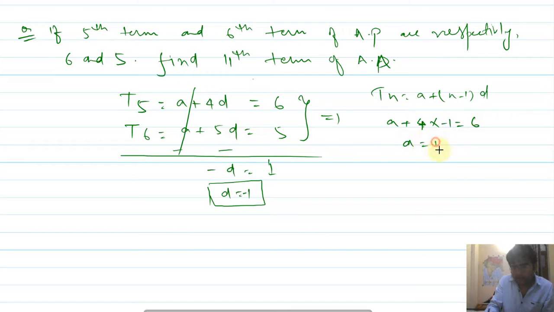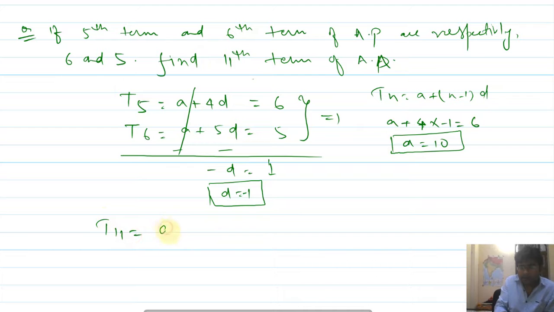So a becomes 10. Okay, so we need to find the 11th term, t11. So t11 is a plus 10d, and we have already got the values of a and d.